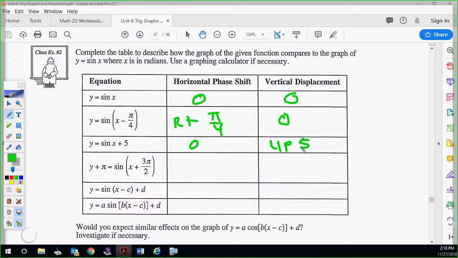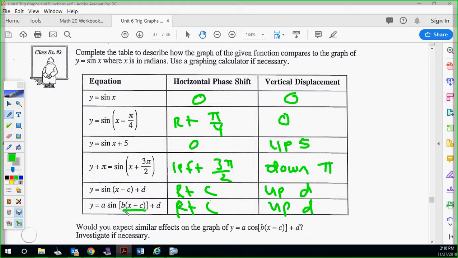Horizontal phase shift for the fourth section there is left 3 pi over 2. And then we're going to go down pi. Now pi is still a value, so don't get confused in terms of radians there. That's a 3.14 movement. And so simply, in terms of definition, we're going right C, up D.